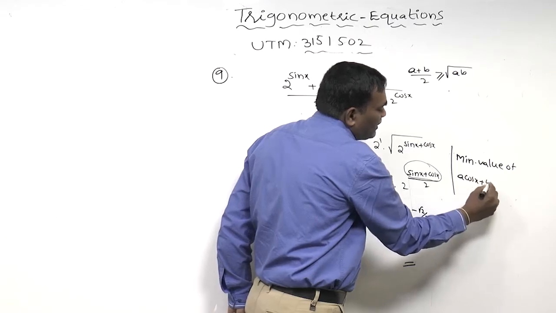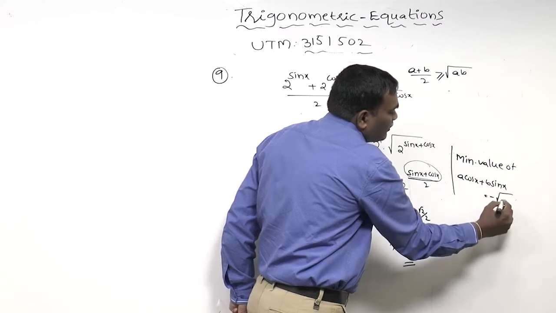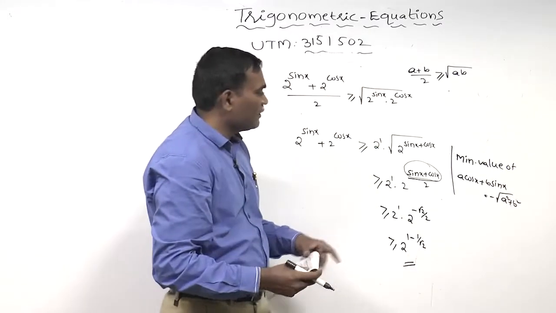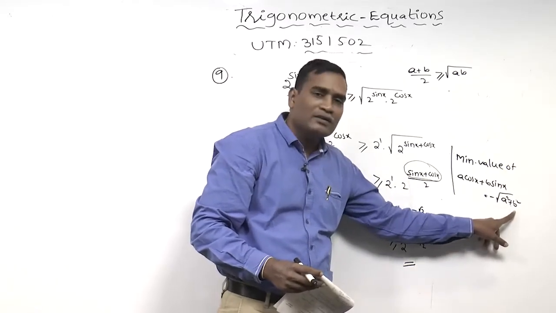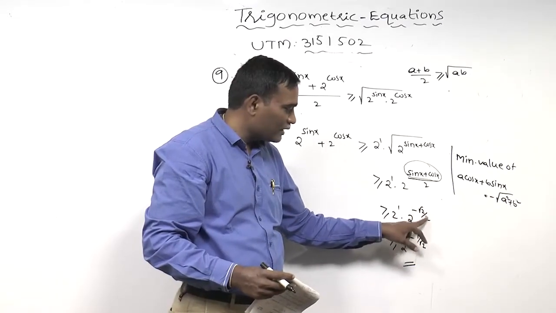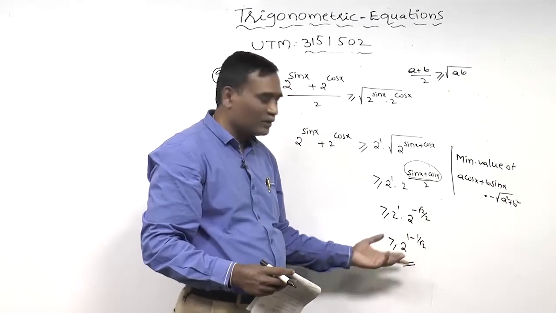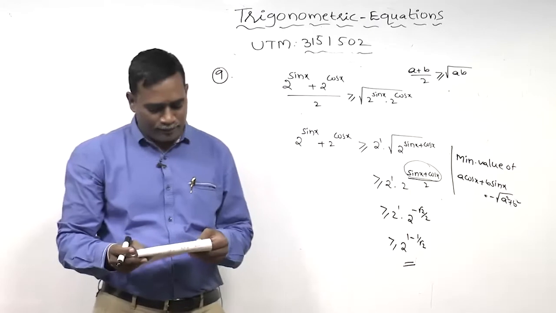Minus root of a square plus b square, and the maximum value is plus root of a square plus b square. Here what is a? 1. What is b? 1. So root of 1 plus 1, that is root 2, giving minus root 2 by 2. Root 2 by 2 means, 2 can be written as root 2 into root 2, root 2 and root 2 cancel, so minus 1 by root 2. That's why the answer is 2 power 1 minus 1 by root 2.